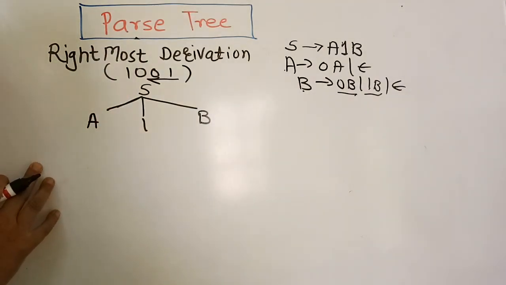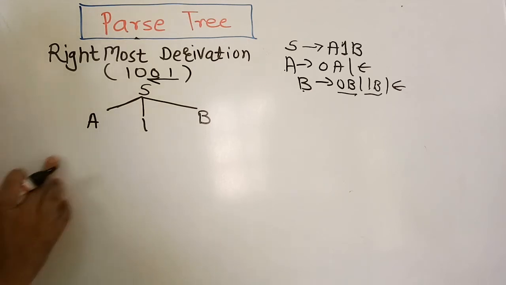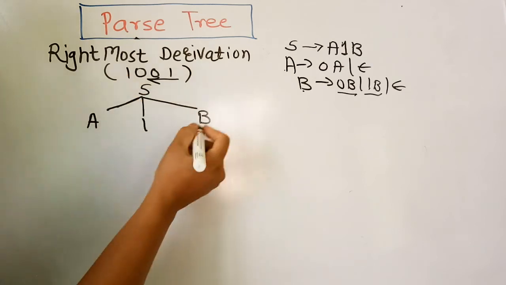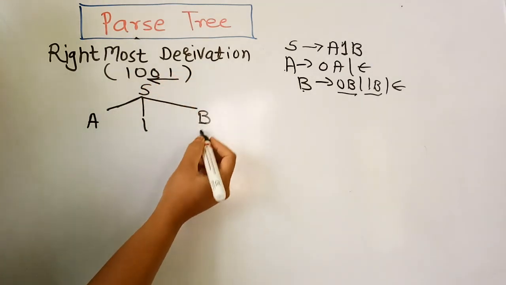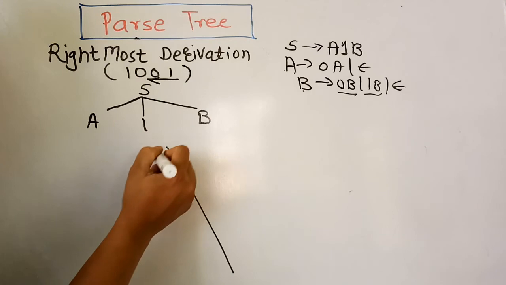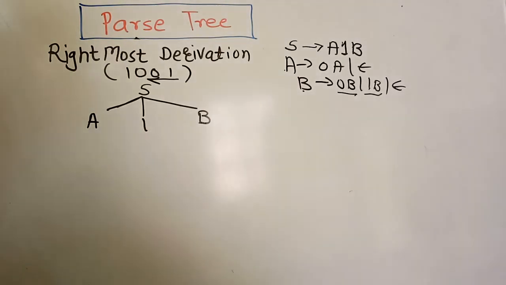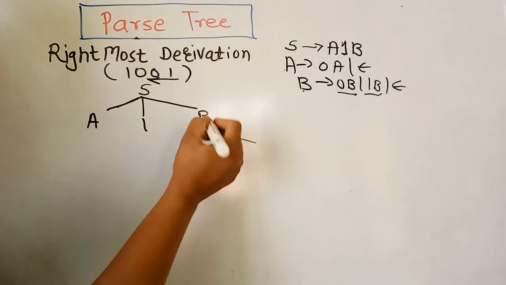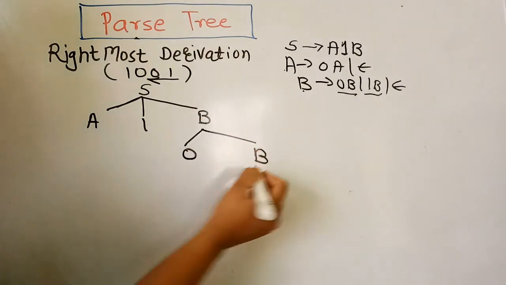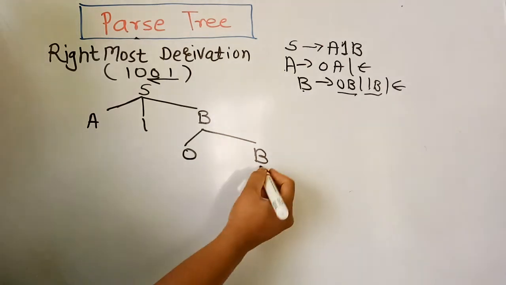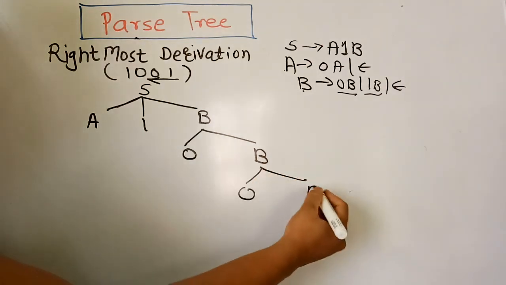But we all know that to accomplish this going from back to forward, first of all we are deriving from this side to this side. So this is the easiest way: replace B with 0B, because we have acquired the 1 previously. Then B is again replaced with 0B.